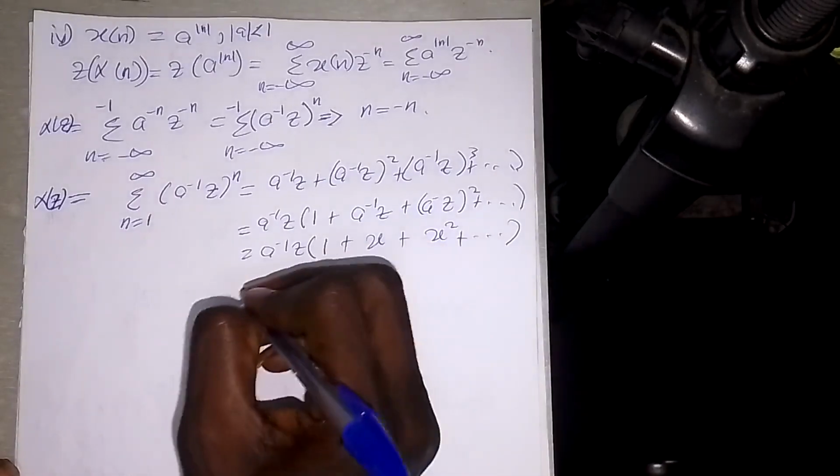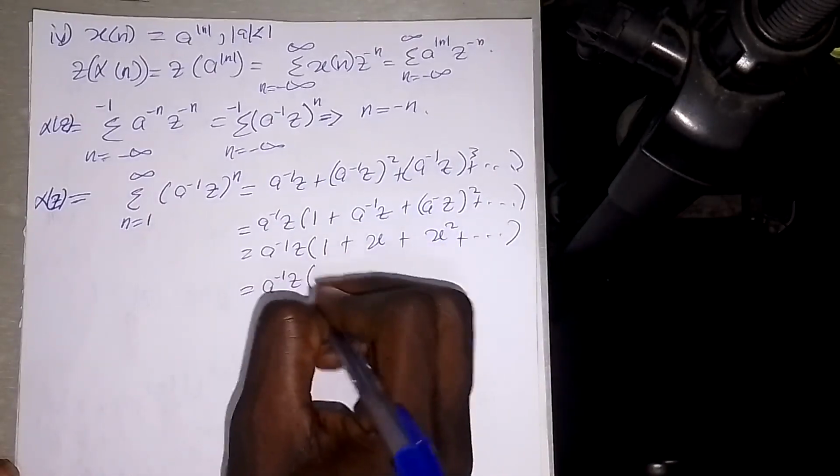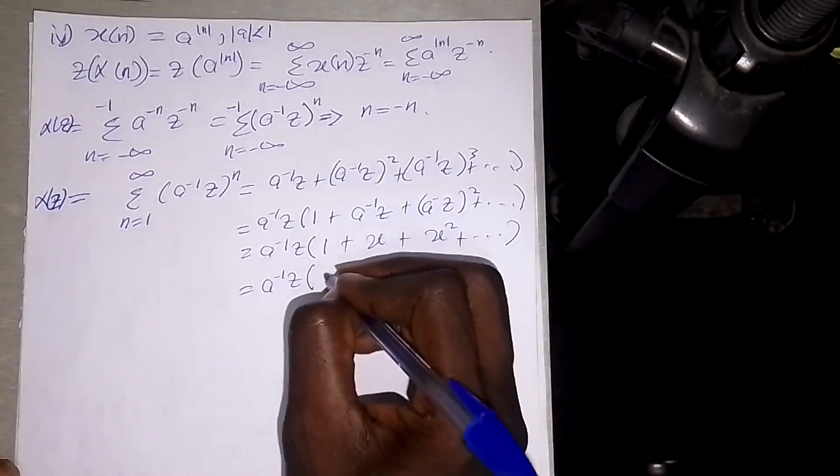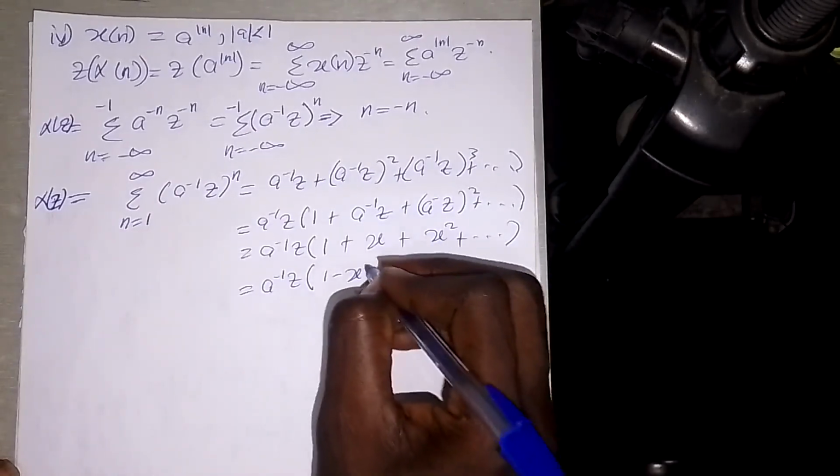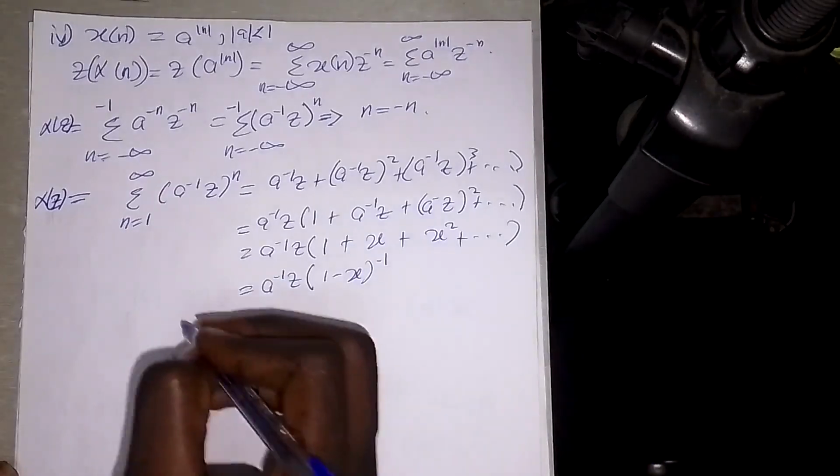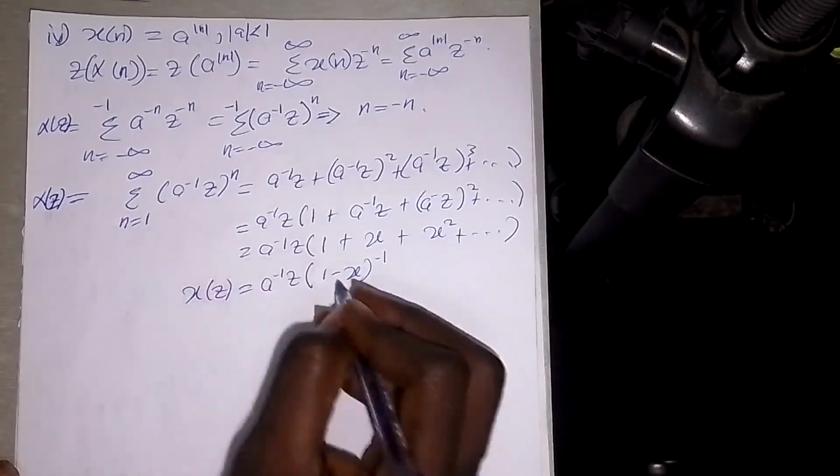Whenever I have something like this, the series is from the expansion of the binomial expression, to the power minus 1. So now my X of z is equal to this.